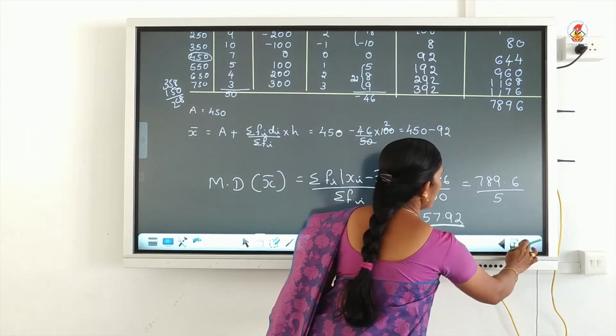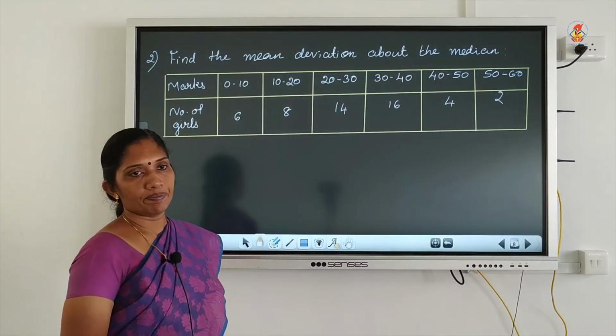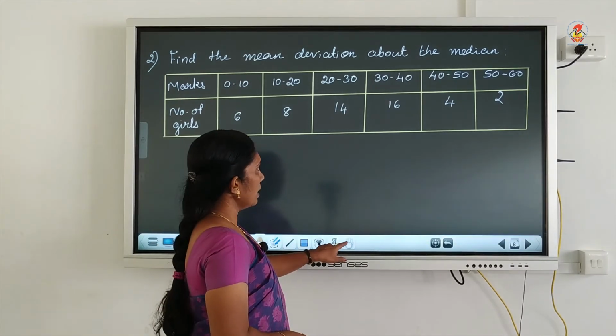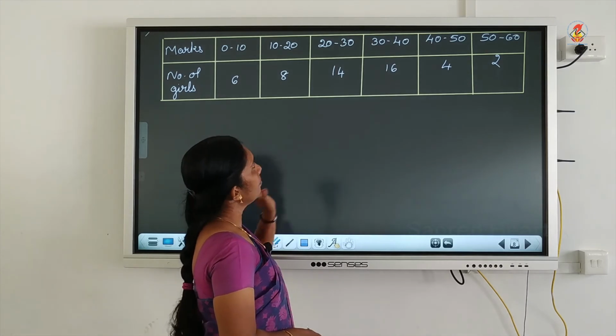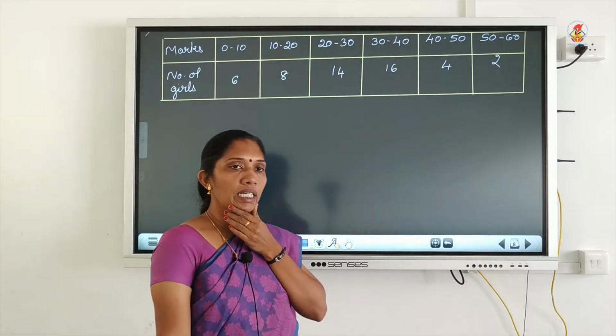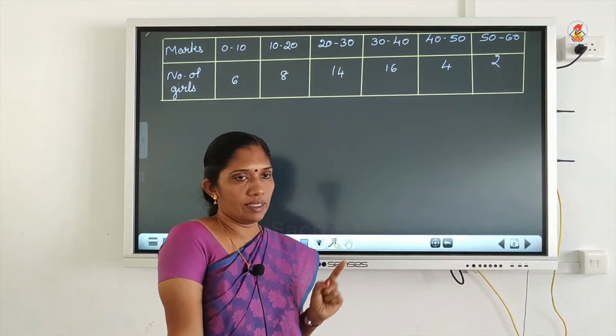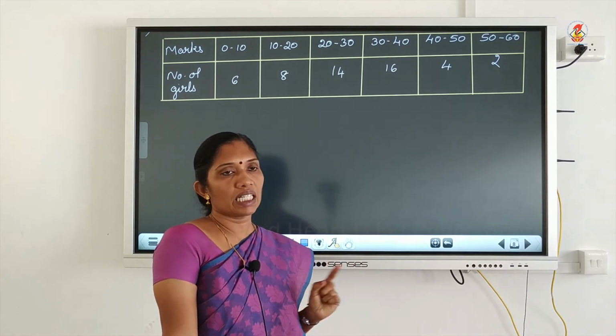Now the next is mean deviation about median. Class intervals and frequencies are given. So for median we need the median class.